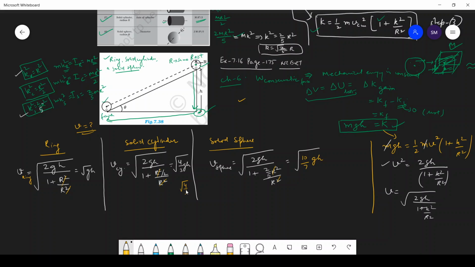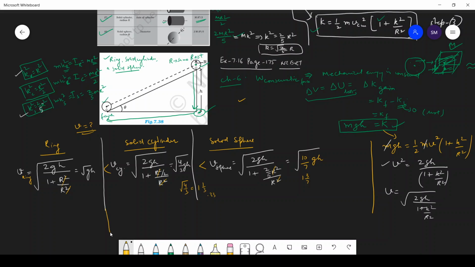So 4 by 3 is 1 and 1 by 3, and 10 by 7 is 1 and 3 by 7. So of course this 1/3 is 0.33, and this is greater than 0.33. So it means that the sphere has the greatest velocity, and then the cylinder and ring has the least velocity.